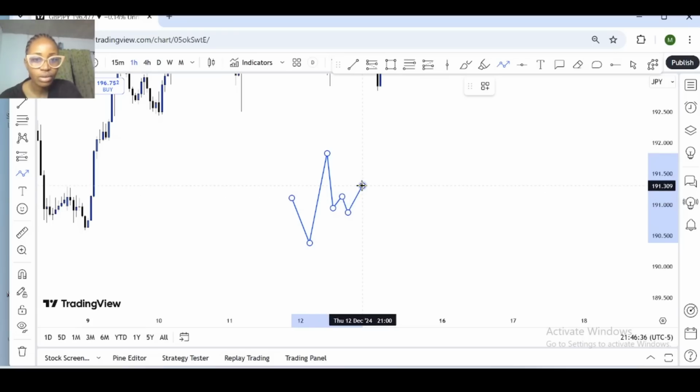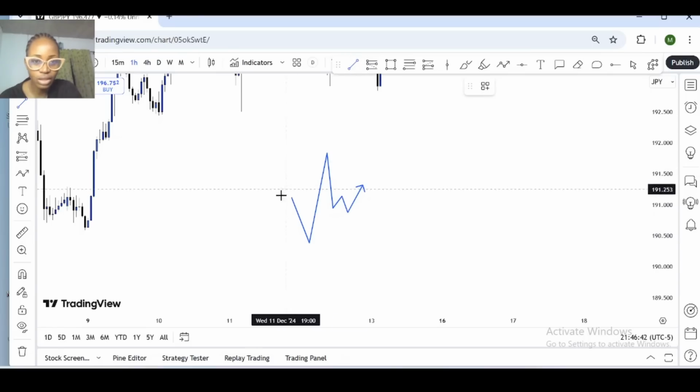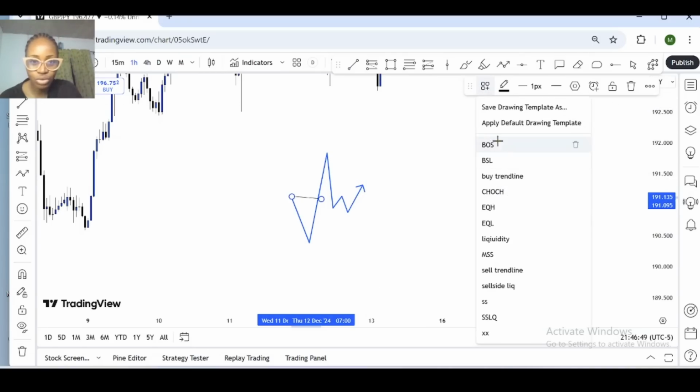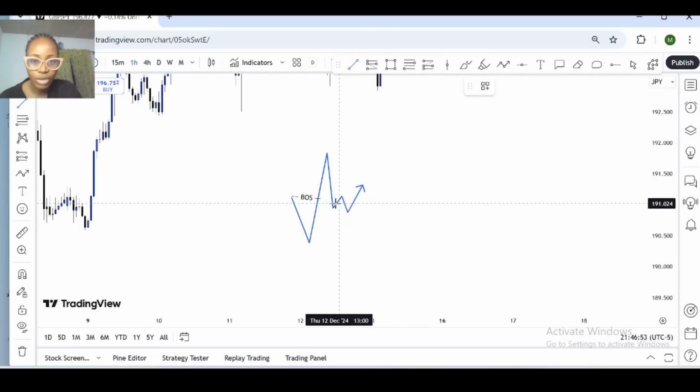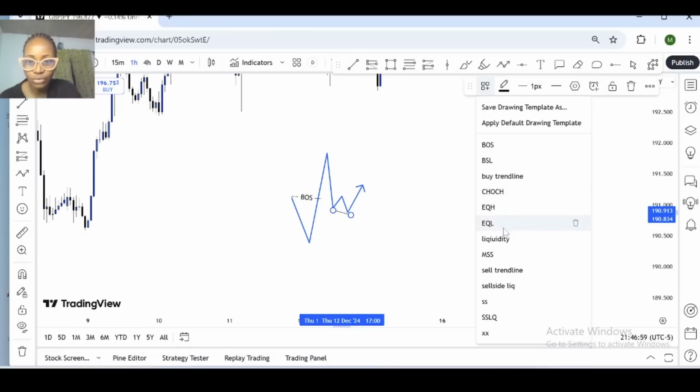The first thing is this break of structure here. That's the first thing I look out for. Then the second thing I look out for is price trying to engineer liquidity like this here.